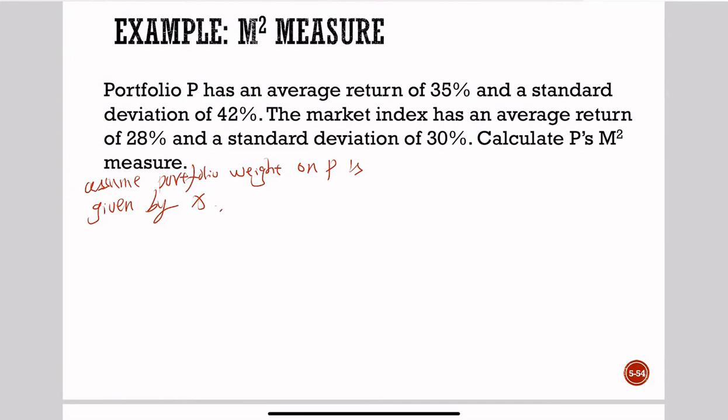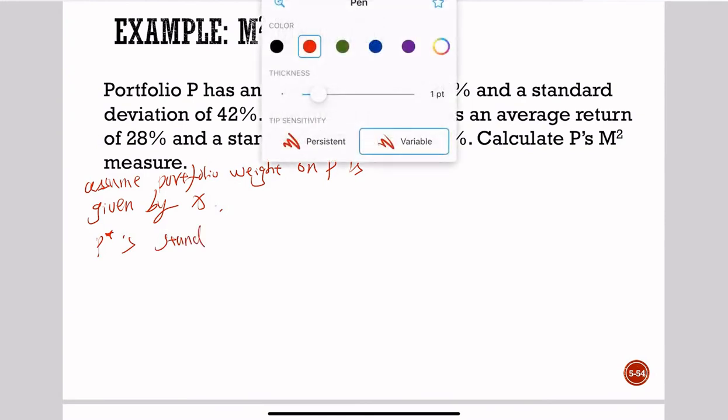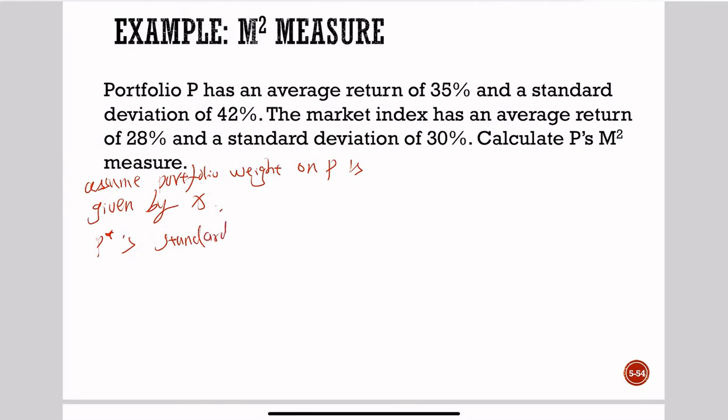And then in this case, P star's standard deviation is X times the standard deviation of RP. Right?